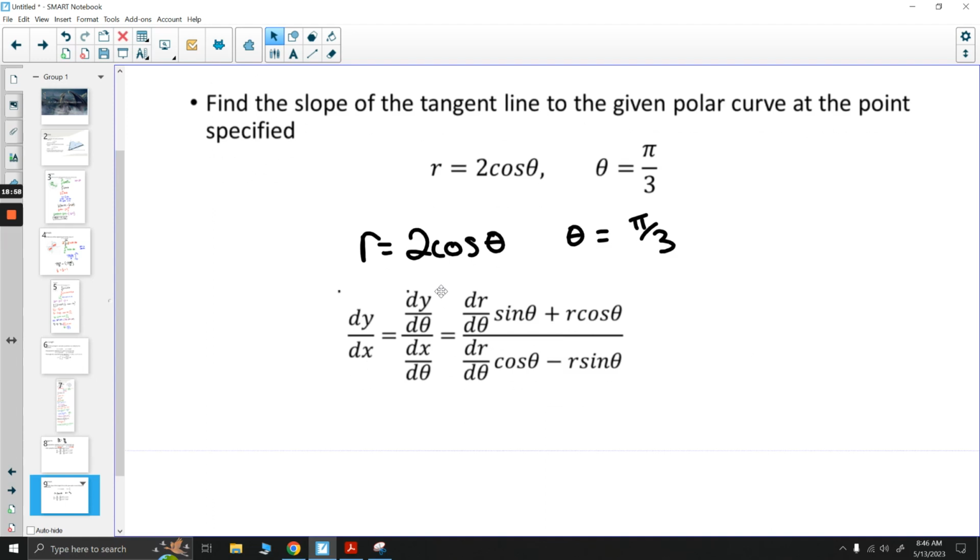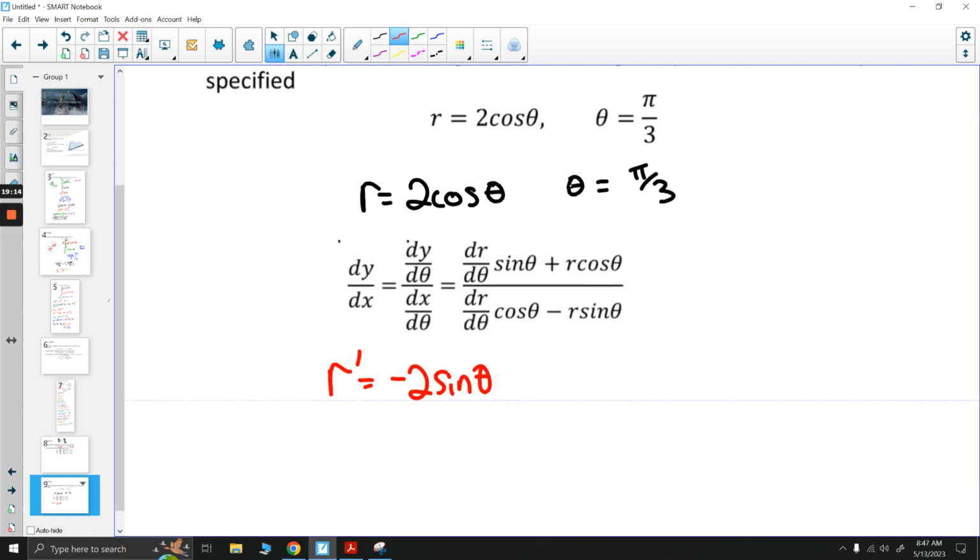So what we need to find is dr d theta, so the derivative of it. So that is r prime. R prime is going to be the derivative of 2 cosine theta; the derivative of cosine is negative sine, so it's negative 2 sine theta. All right. So now we're just going to plug all these things into our equation here.